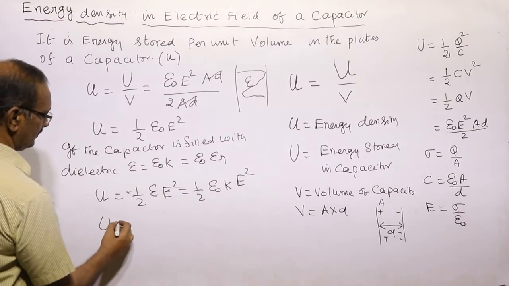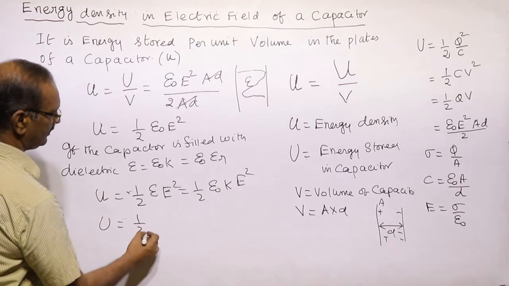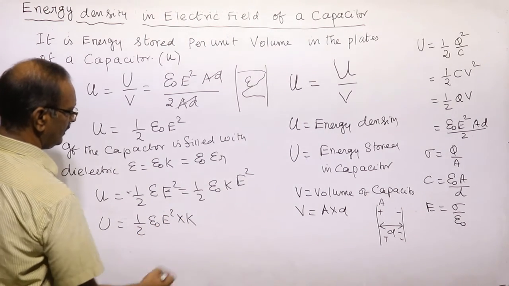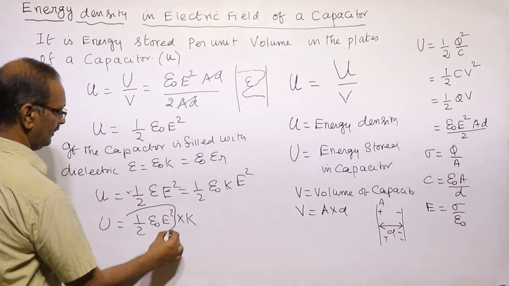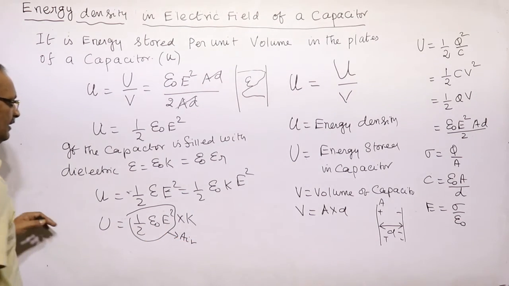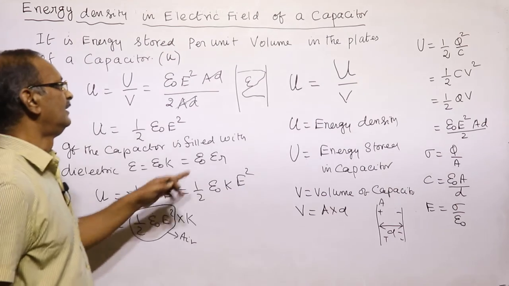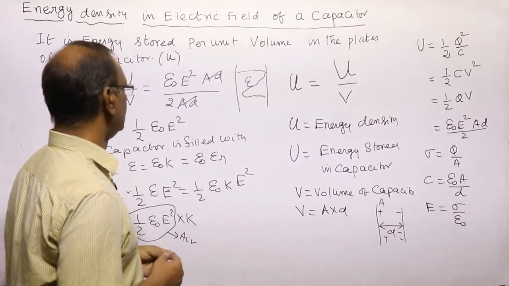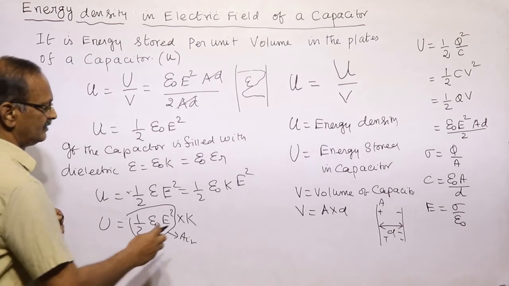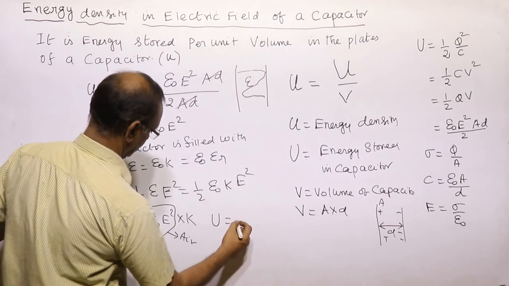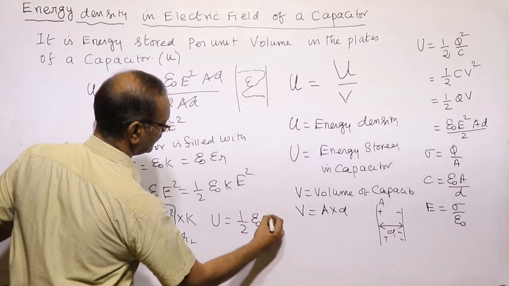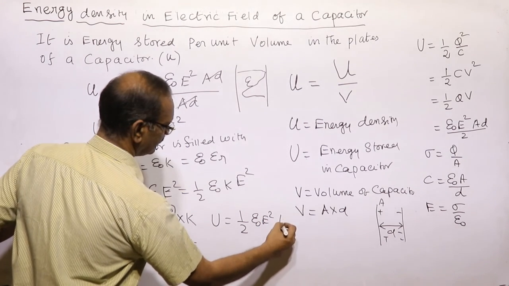So u is equal to half into epsilon naught into E square into K. This is when air is replaced by a dielectric. It means when it is filled with a dielectric of constant K, the energy density increases K times. Therefore, u is equal to half into epsilon naught E square into K.